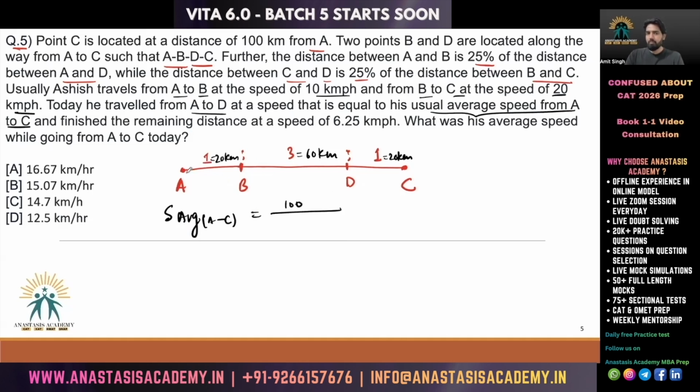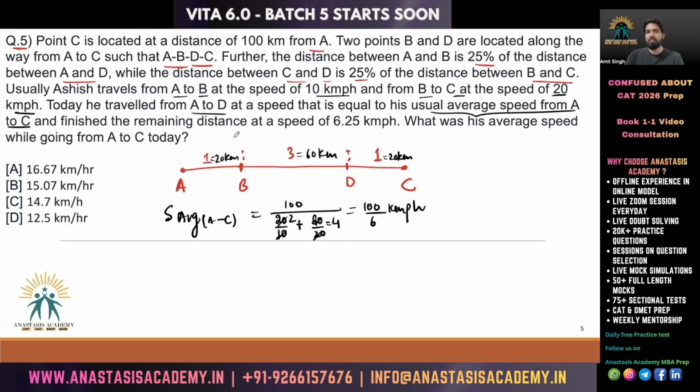Total time taken, because he first goes from A to B at a speed of 10, would be 20 by 10 plus the remaining distance B to C, that is 80, at a speed of 20. So that would be 2 and 4, right? So you can write it as 100 upon 6. This is the average speed from A to C.